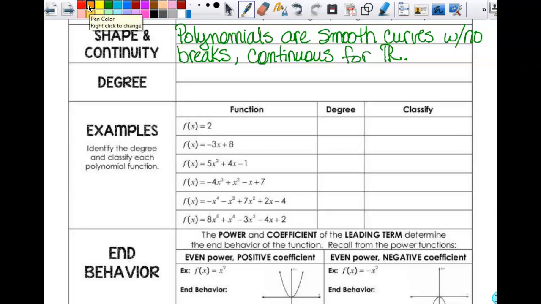Then the degree. The degree of the polynomial is the highest, not the first, but the highest exponent. If it's written correctly, in true form, it should be the first, but don't always just pick the first. It's the highest exponent n, and that is the degree.